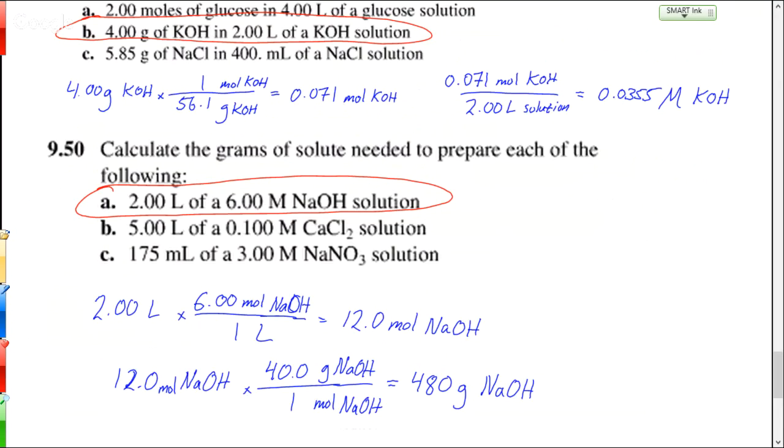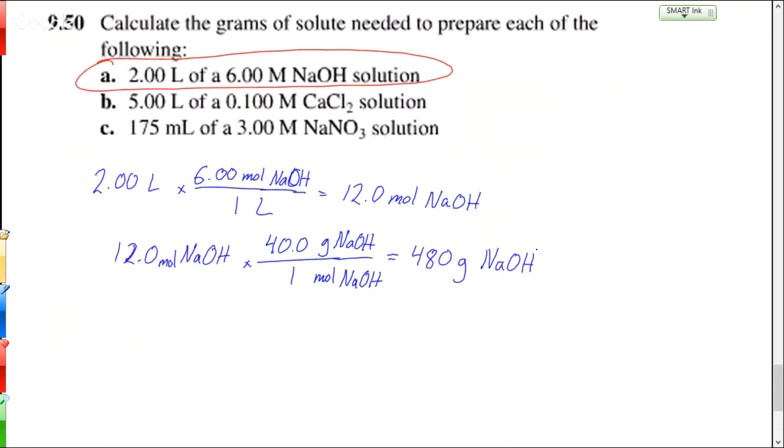All right. So since we just did that one, just to keep it in your head, why don't you try one of these other ones? Let's try C, because it's got one extra little step in there. Because now your volume is given in milliliters instead of liters.